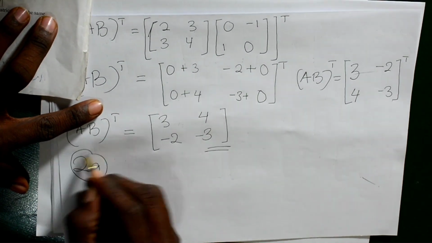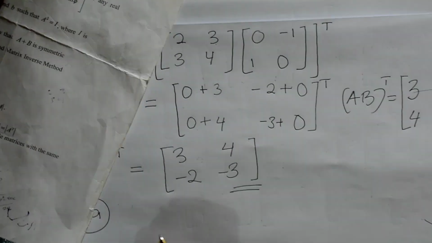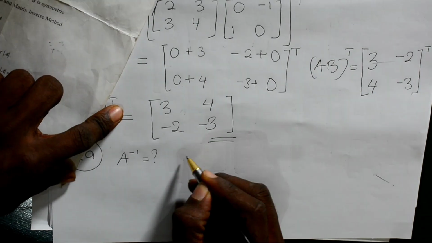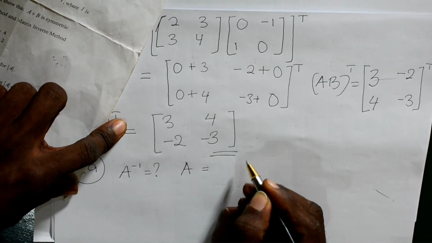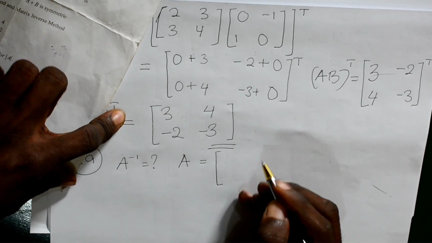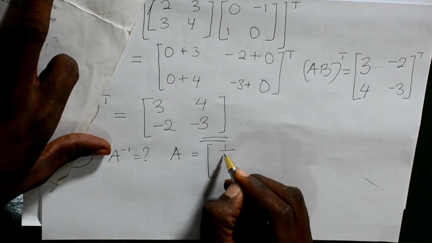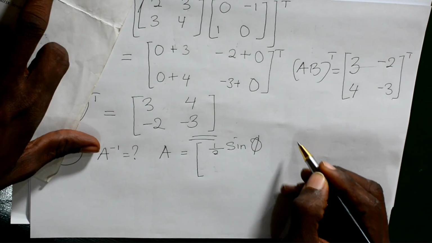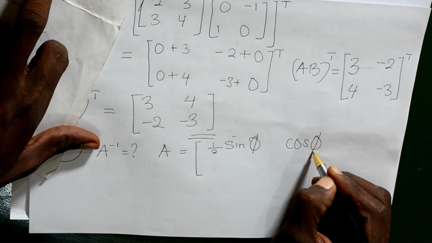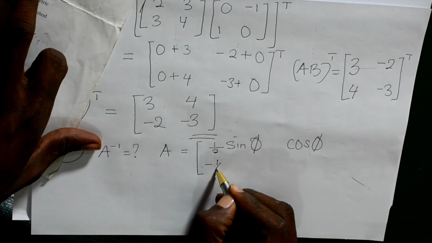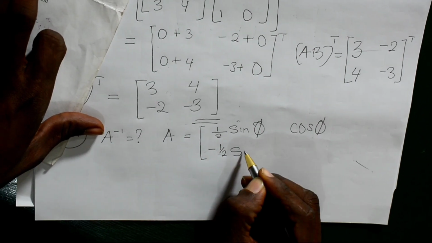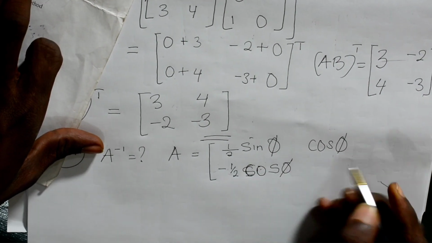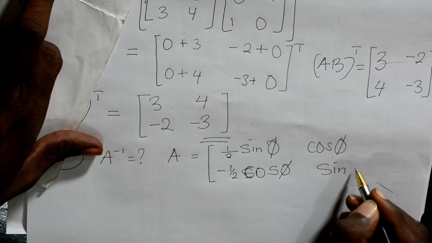Number 2A. Given that A inverse is unknown and the matrix A is given by 1 all over 2 sin psi and cos psi and minus 1 all over 2 cos psi, then sin psi.